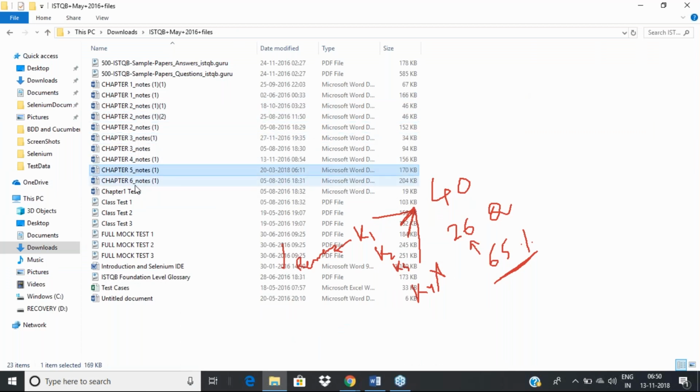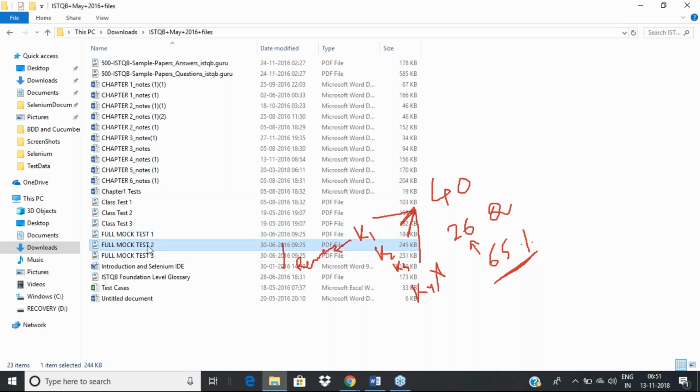I need to reorganize them a bit as per the new syllabus, so that's not a problem. This is the complete syllabus that we have. At the end of every chapter, we'll have a mock test, like chapter 1 test. Every chapter will have a mock test, and there will be 3 grand mock tests at the end of the course.